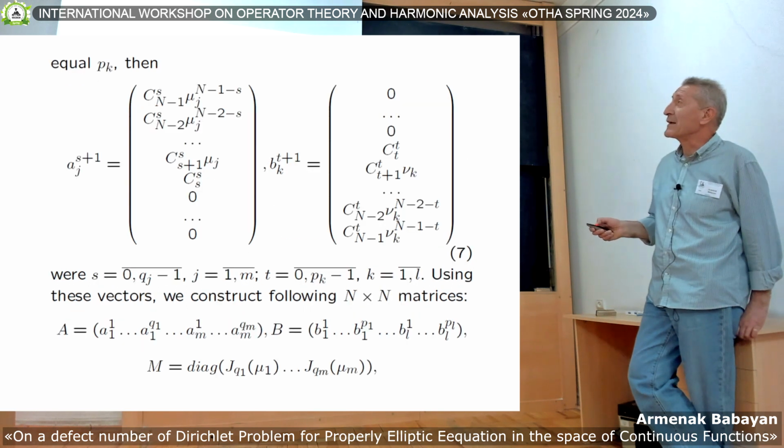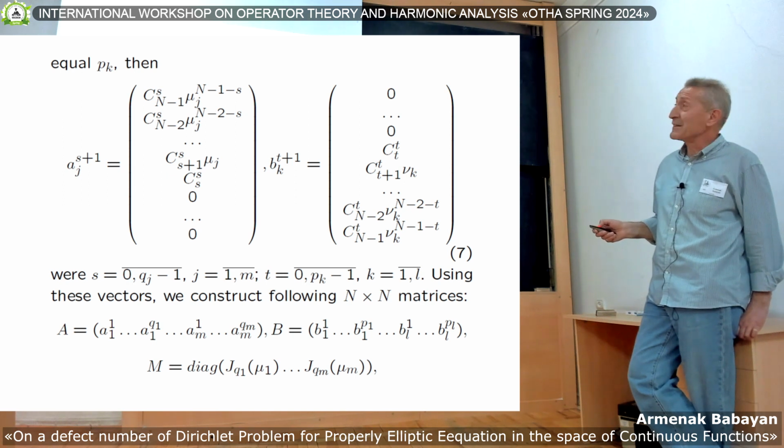Using mu, C is a binomial coefficient, S varies from 0 till multiplicity minus 1. The multiplicity of the mu g, which is connected with AG and BG.